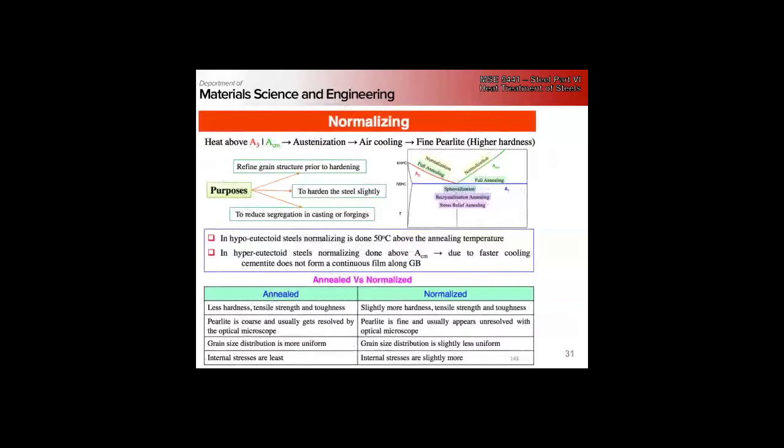So we end up with a coarse pearlite structure in the annealed state, and a fine pearlite in the normalized state that's often hard to see with the optical microscope. In a full annealed state, we've basically reduced most of our residual stresses. Our internal residual stresses can still remain in the normalized state.